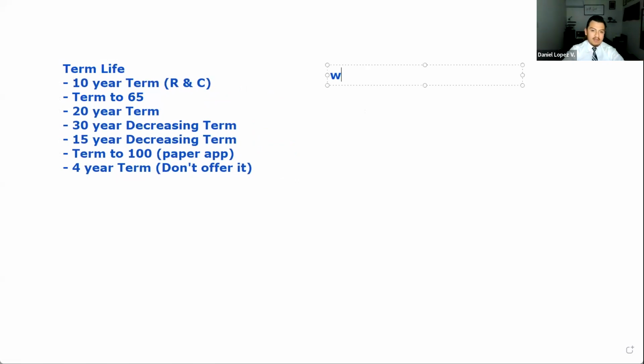Awesome. So then we also have whole life. Whole life insurance, we have 4 different types of brackets. We have regular, we have preferred, executive, and select.